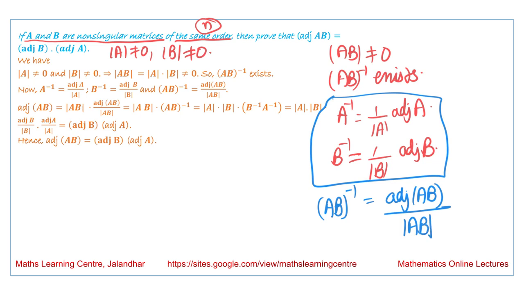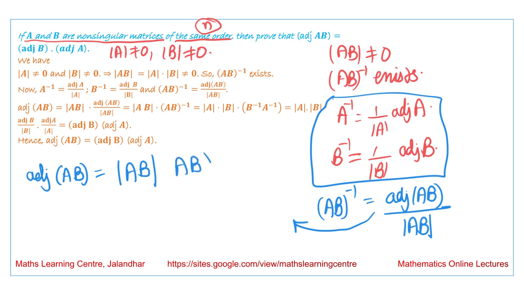Now, from this result we can write adjoint of AB, that is equal to determinant of AB into AB inverse. We have shifted this term on this side.